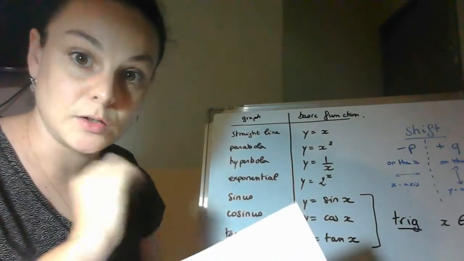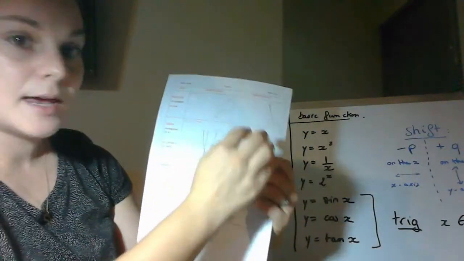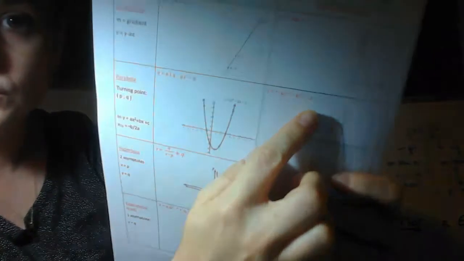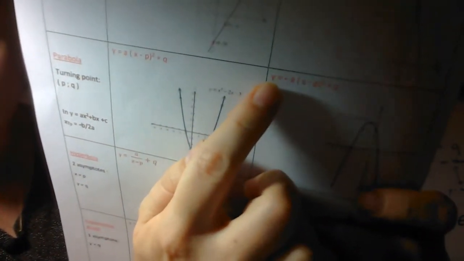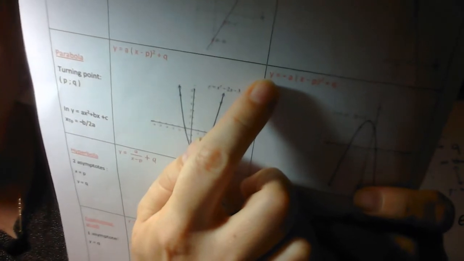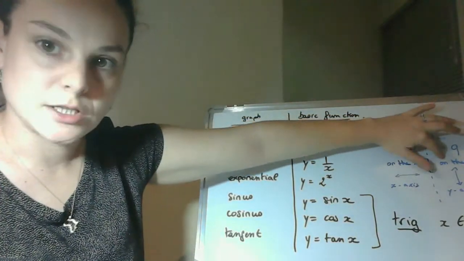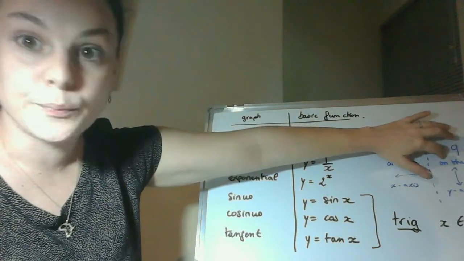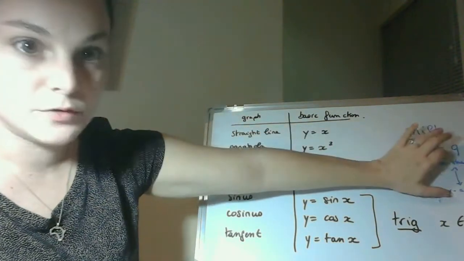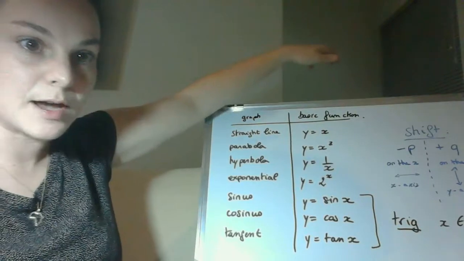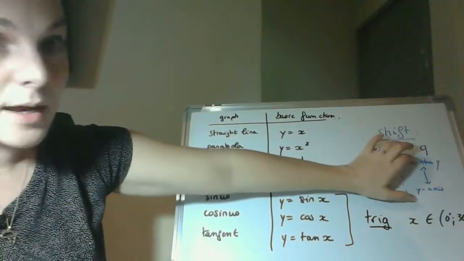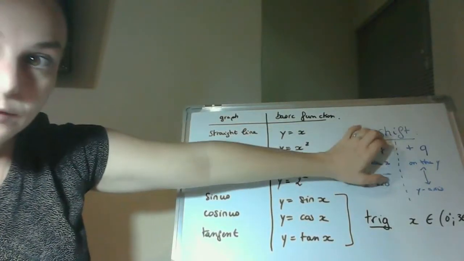Now, the q is always at the end of your formula. So the q is now going to change the full value of the equation. So it's going to change the y value. So the q applies on the y. And if you change the y value for all the points on your graph, you are shifting your graph on your y-axis, so up and down.